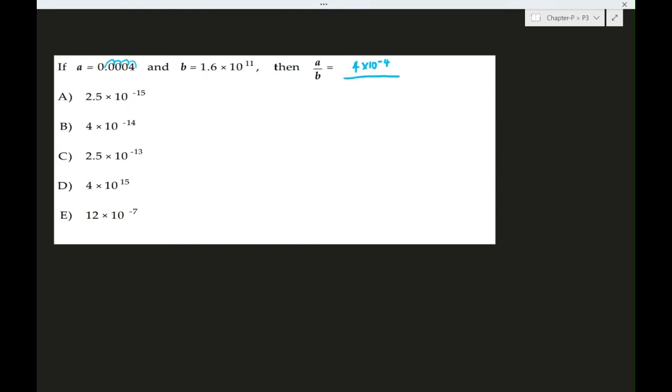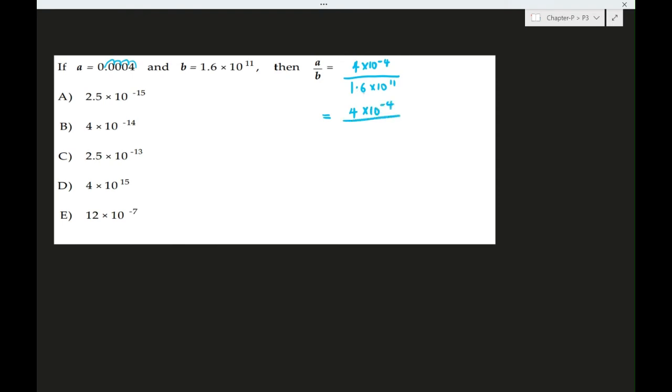And now we divide by, this one is already in standard form, which is 1.6 times 10 raised to power 11. Now to divide here, what we can do is this. You can rewrite this if you don't want to deal with decimal.